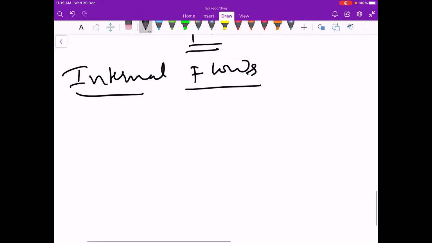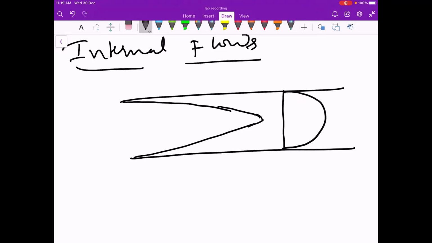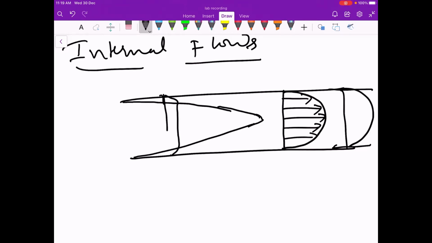So internal flow you can also write like this. You can see here, the flow will be going like this, then it is going to be uniform, and the boundary layer develops here. You can see here, it will be like this.